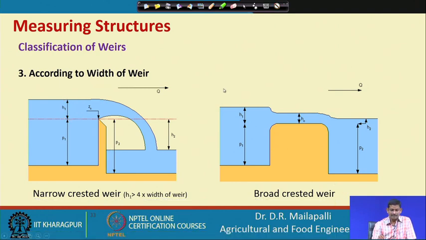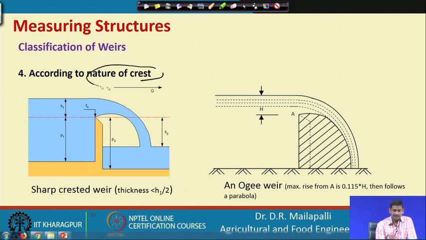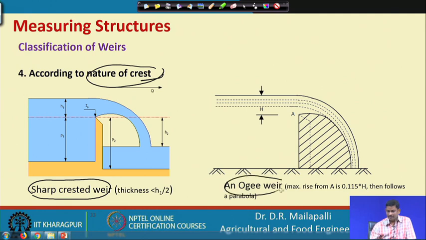And then the next classification is according to the nature of crest. Here the sharp crested wear and the ogee wear. Okay. In the sharp crested wear, the thickness is generally H 1 by 2.